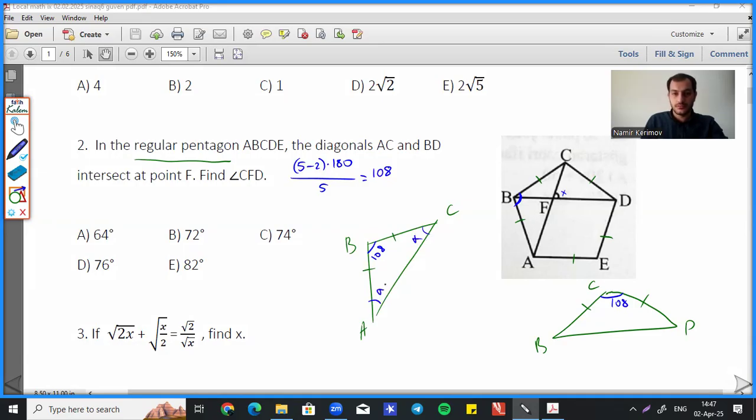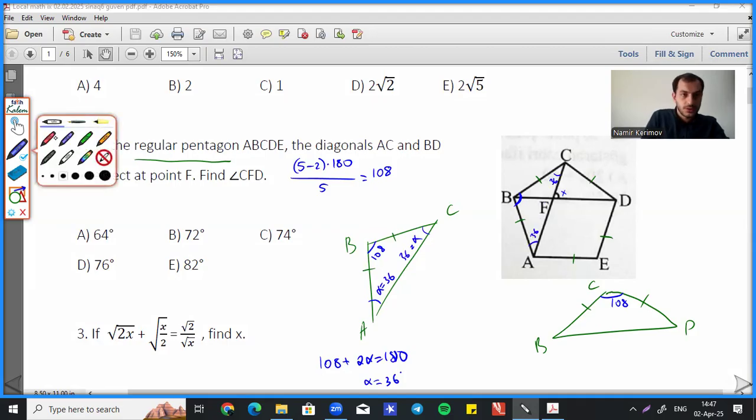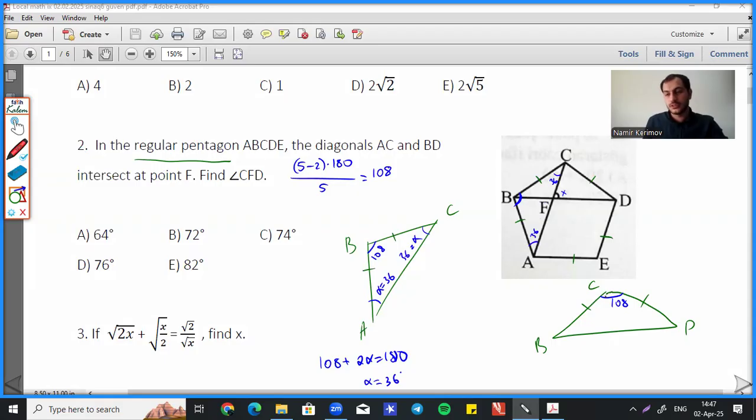So if one of the angles is 108, then we can find the other two angles. Let's call them alpha and alpha. We know that for a triangle, the sum of the interior angles should be 180. So 108 plus 2 alpha should be 180, which means 2 alpha is 72, alpha will be 36. So now we can find the measure of the angles for the other triangle, BCD.